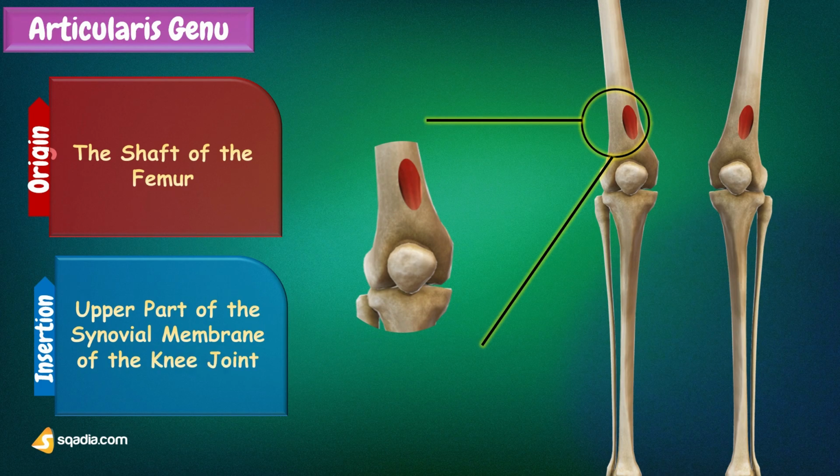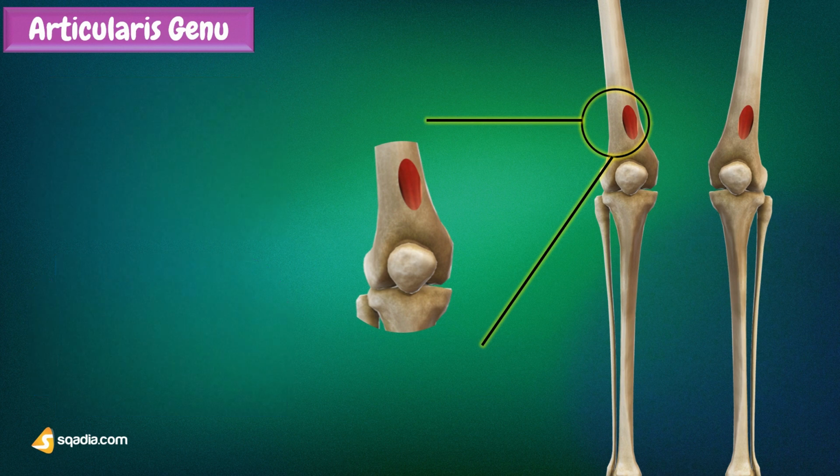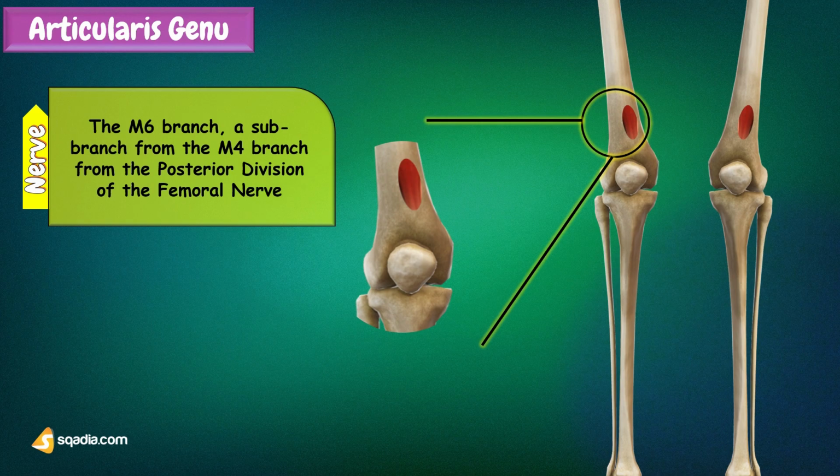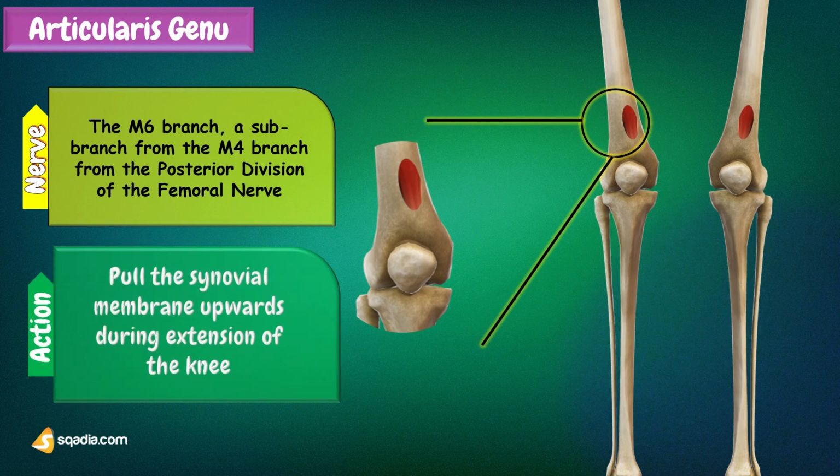It is inserted into the upper part of the synovial membrane of the knee joint. It is supplied by the M6 branch, a sub-branch from the M4 branch from the posterior division of the femoral nerve. They pull the synovial membrane upwards during the extension of the knee, thus preventing damage to it.